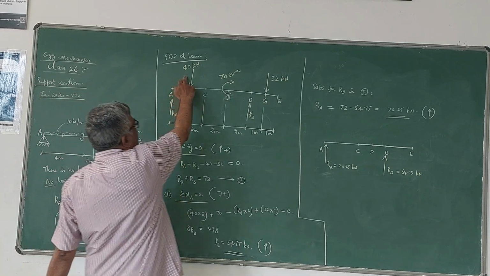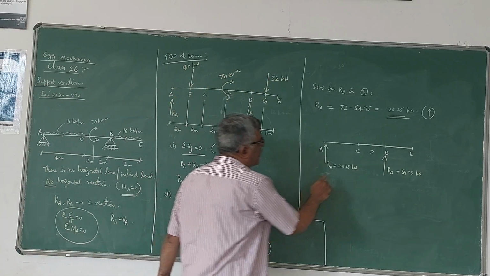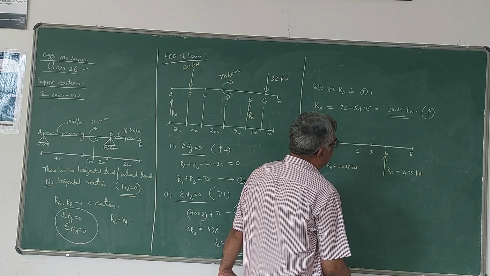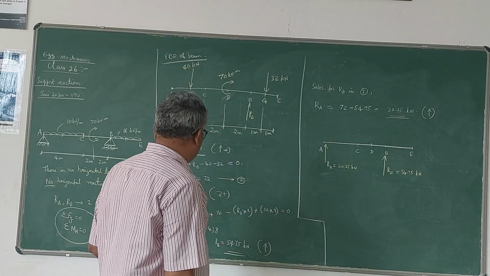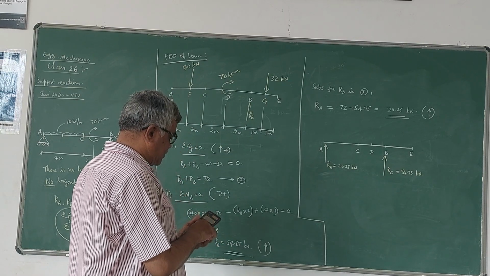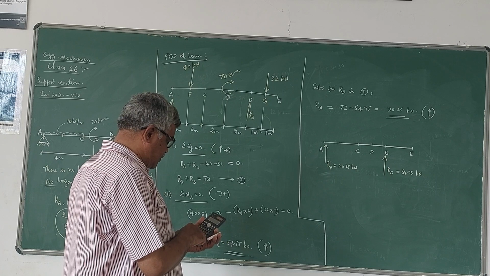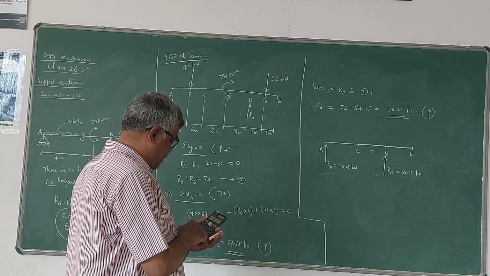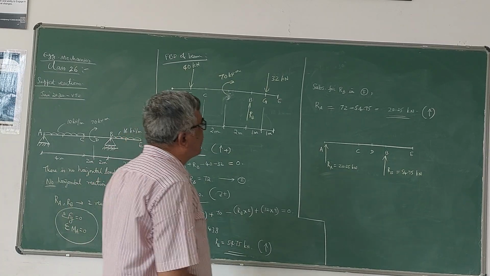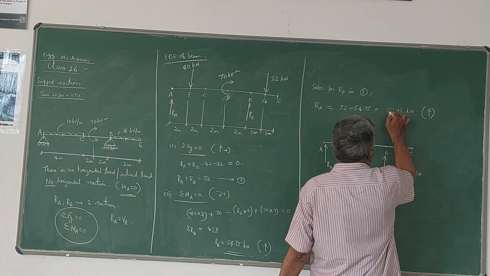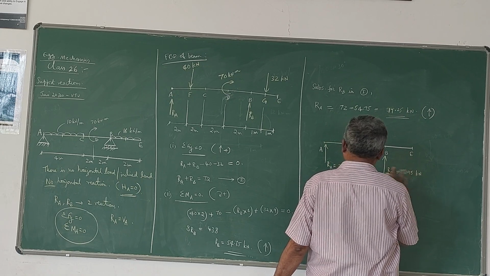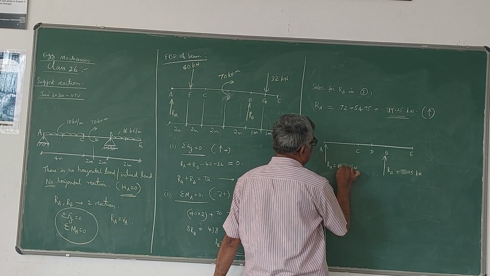That means 40 plus 32, 72. So if you add these two values, 72 minus 54.75, what is the value? 72 minus 54.75 is 17.25. Sorry, 17.25.